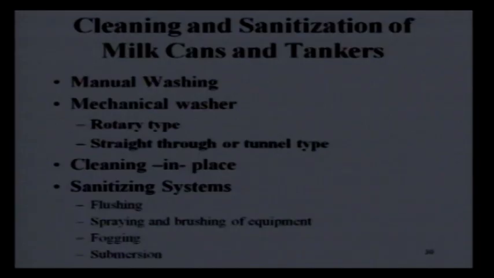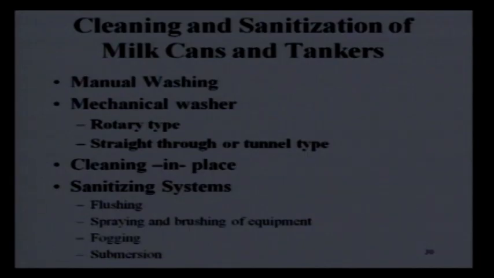Next is the cleaning and sanitization of milk cans and tankers. Under this we have manual washing, then we have the mechanical washer. Mechanical washers are of two types, rotary type and straight through or tunnel type. We also have cleaning in place, CIP.